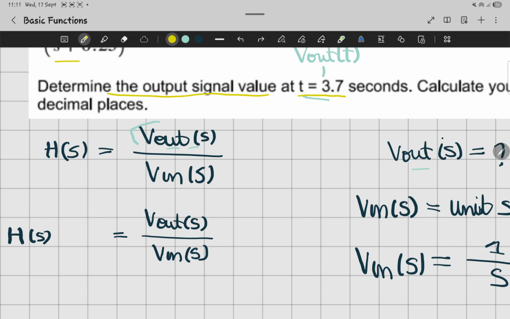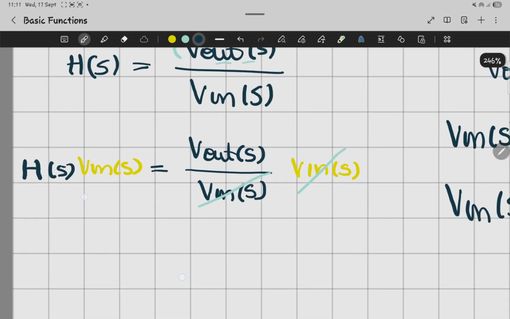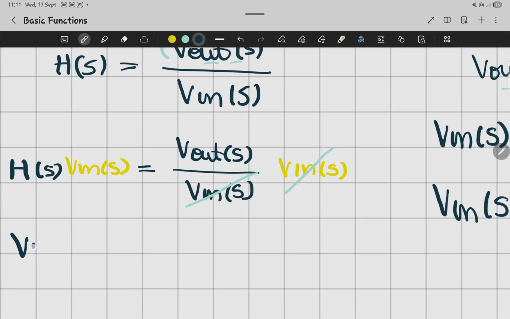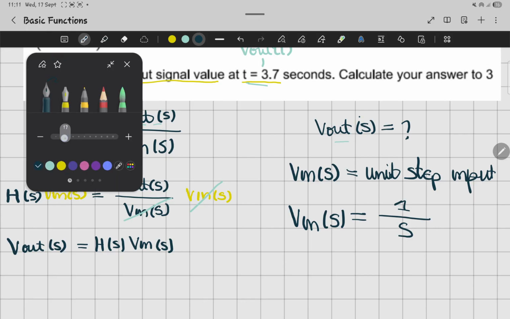These two will cancel out, so I'm going to stay with V out of S equals H of S times V in of S.